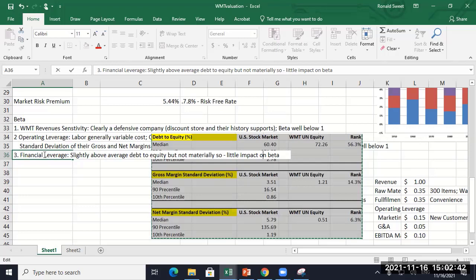So if you've got a firm like Kroger that's obviously well below 1, but with a lot of debt, you're not going to push them up to 1.4. You might push them from 0.5 to 0.6. You're not going to go crazy with the numbers. So operating leverage and financial leverage, if they're low, and they're like a 1.5 and they have low leverage, then you might push them down to 1.4 or 1.3. So you don't go radical on those numbers.